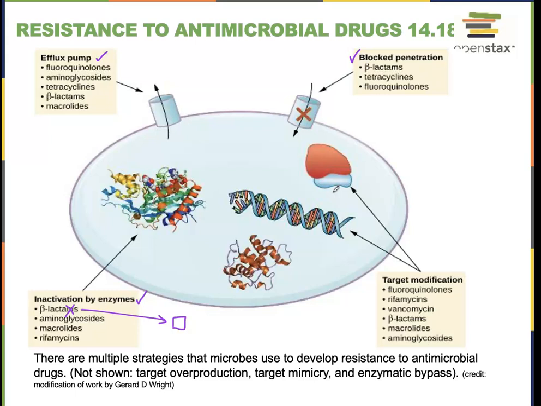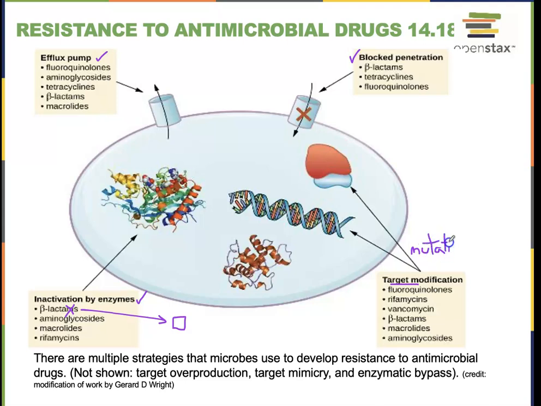When mutations happen, they're completely random. And so by random chance, it might be that the ribosome has changed an amino acid, a couple amino acids, and created a version that the drugs don't fit very well anymore. Okay, so target modification is literally just the mutations that happen to be advantageous.